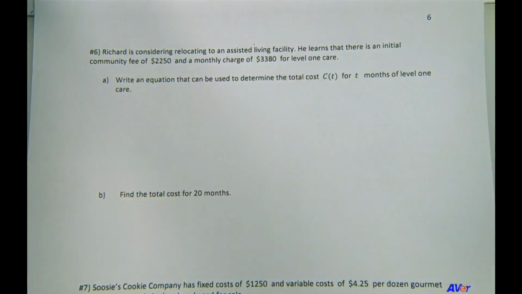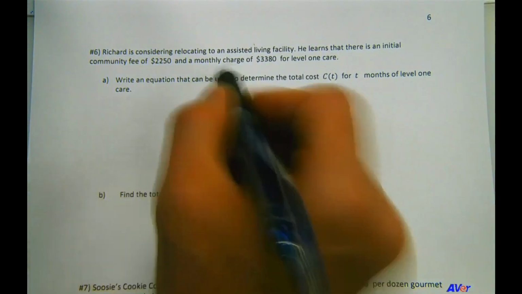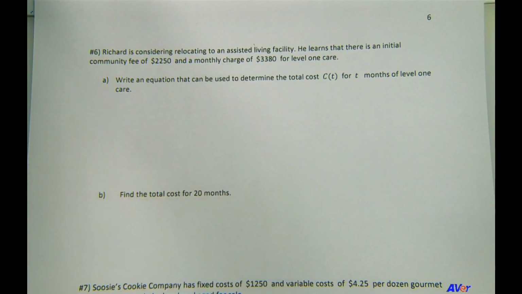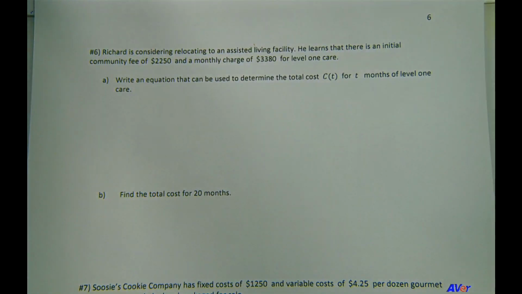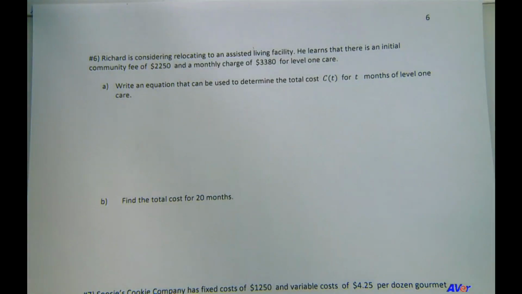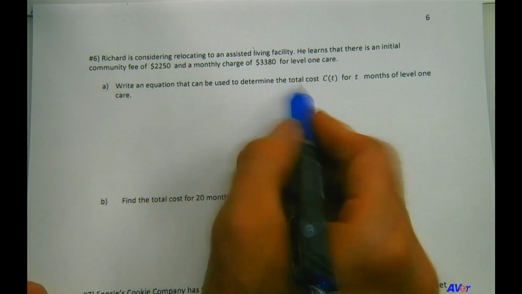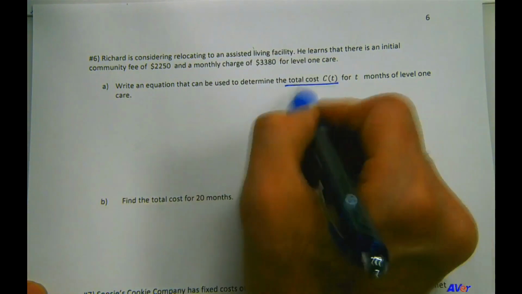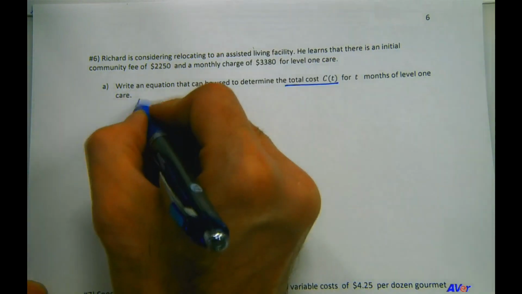Okay? So, I don't know if you've taken Accounting 101, but if you have, one of the first things they teach you is this: total cost, which is what they talk about here.